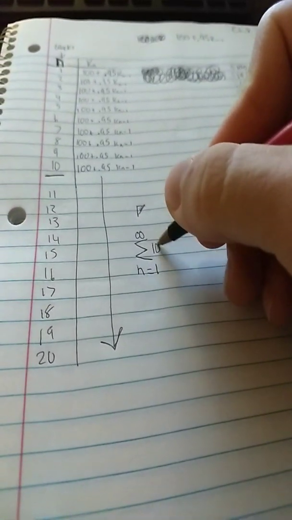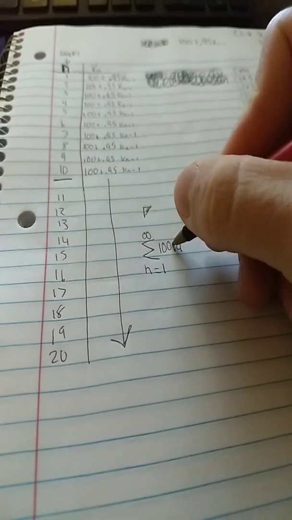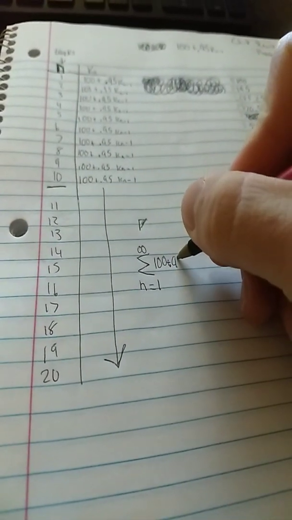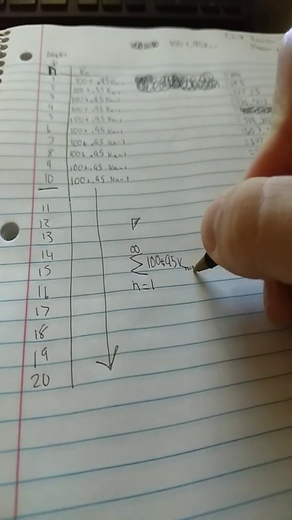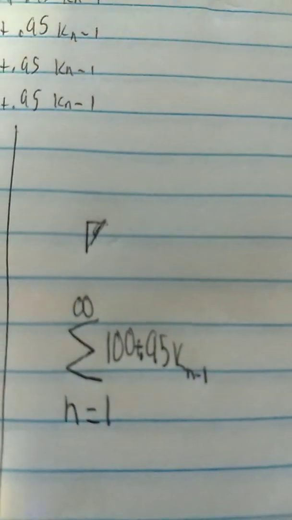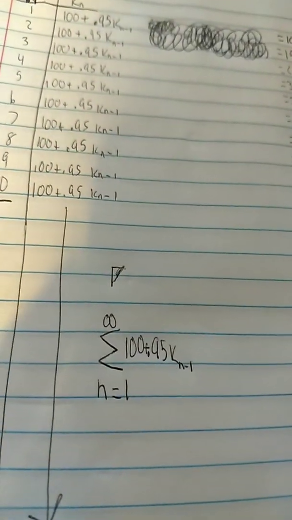This would be right here, your 100 plus 0.95 of the k n minus 1 value. So that right there, yeah, my plus sign is kind of iffy. But right there would be your summation to find that n weeks. And that would get you the value it's actually going to, because at some point it will slow down.